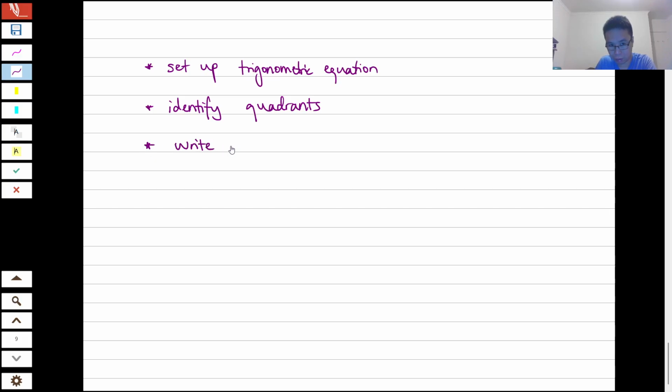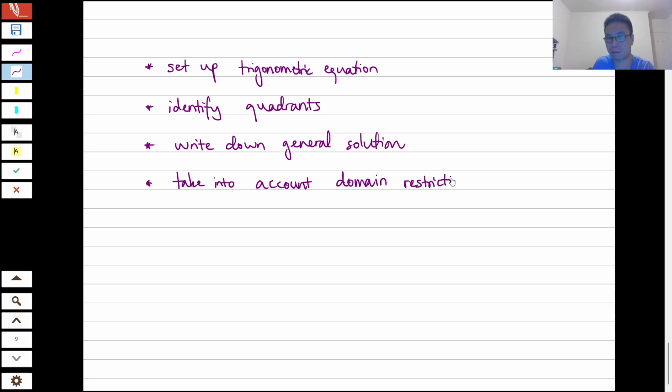If you want, write down the general solution. And at the end, what you may need to do is take into account domain restrictions. Now, if you're fast, you may not need to do this. Once you're experienced.